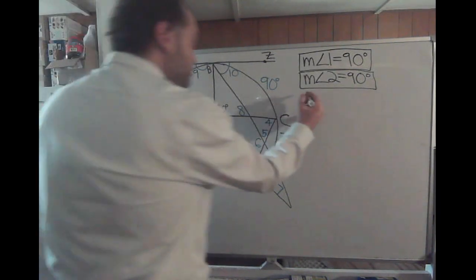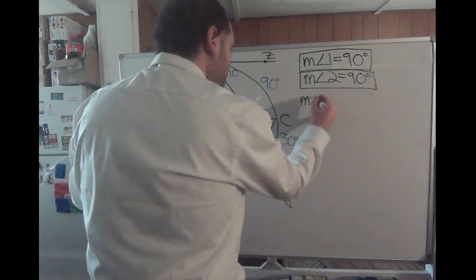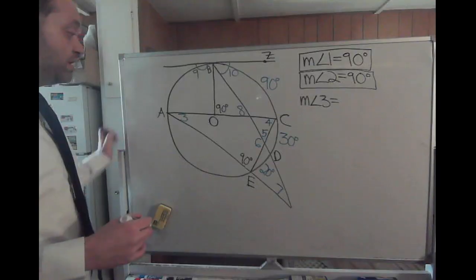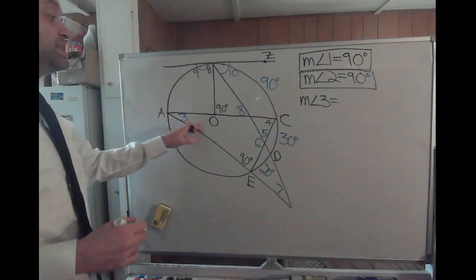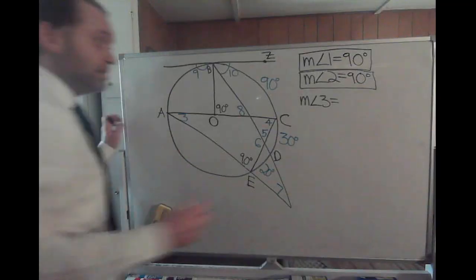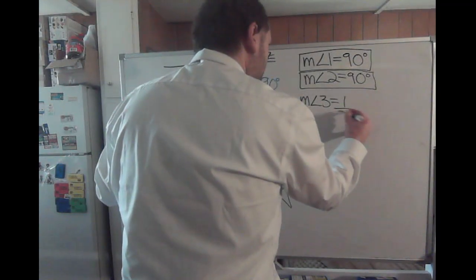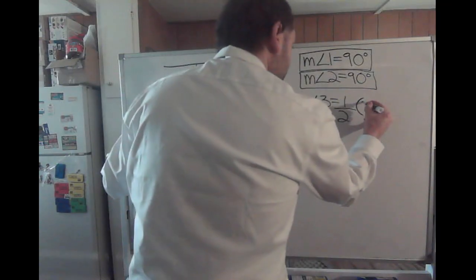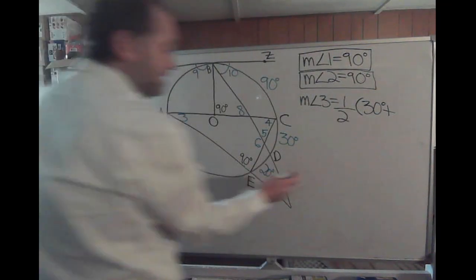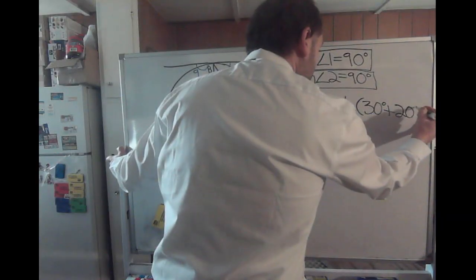To find the measure of angle 3, what do we know about an inscribed angle? It's equal to half the measure of the arc it intercepts, which in this case would be equal to half of the measure of CD, which is 30, plus the DE, which is 20, because it actually intercepts both arcs.